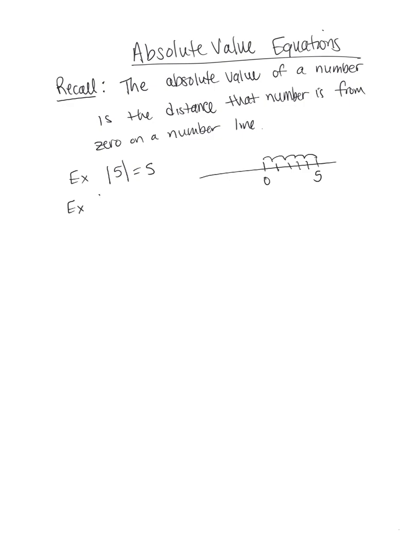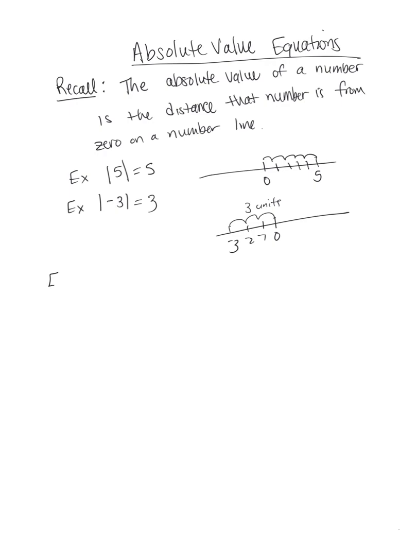The next example would be the absolute value of negative 3. If you go to negative 3 on a number line and see how far that is from 0, that's 1, 2, 3 units from 0. So the absolute value of negative 3 is positive 3.